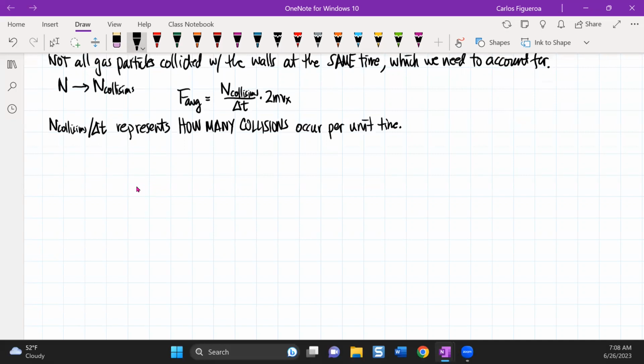And this is, without any doubt, the most challenging part of the calculation. Okay? It's by far the hardest part of the calculation.